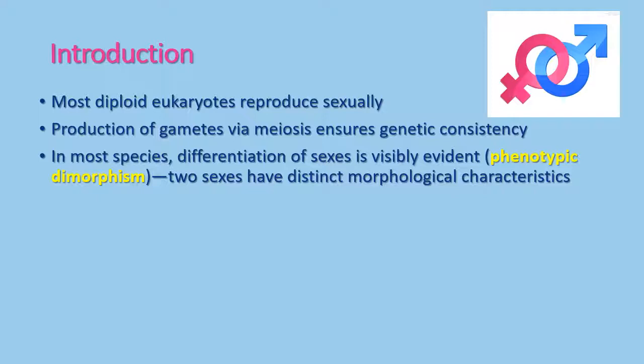In most species, it's very obvious, very visible, the difference between the two sexes, male and female. These two sexes have very distinct morphological characteristics, and this is called phenotypic dimorphism.